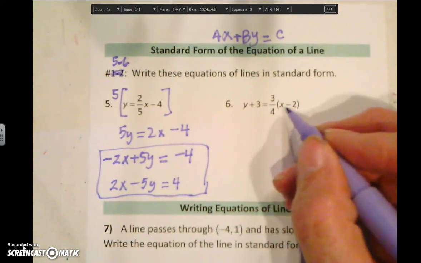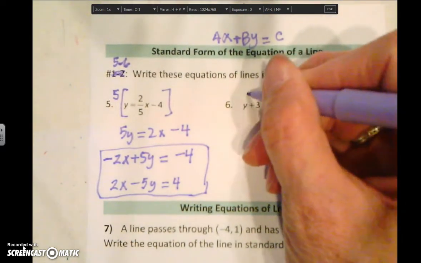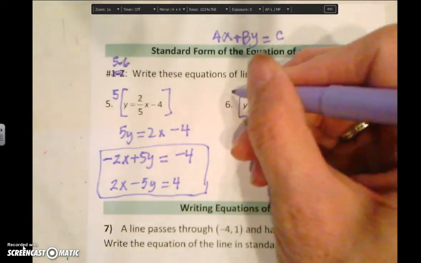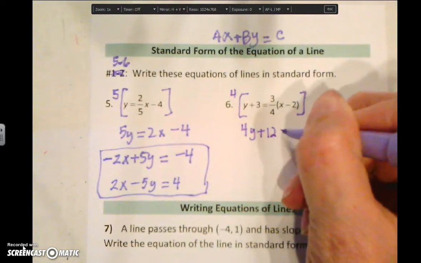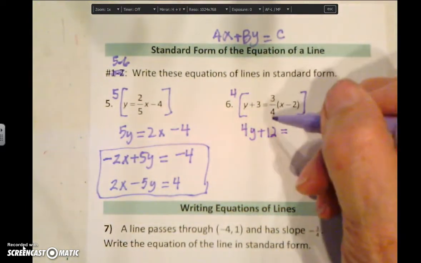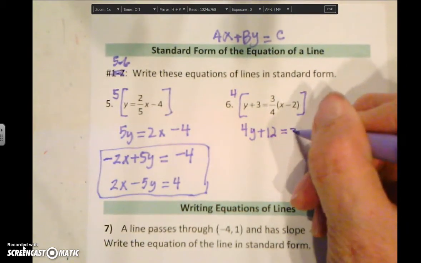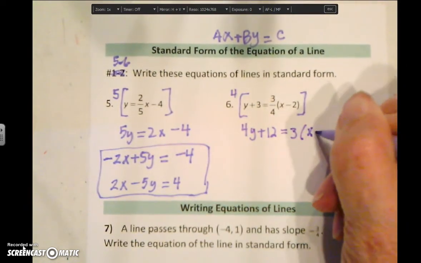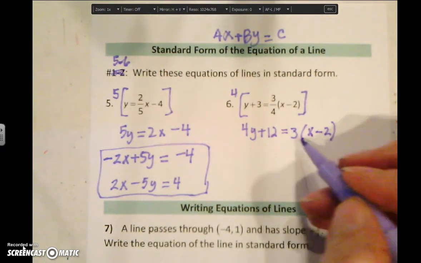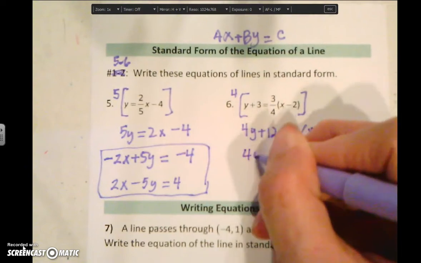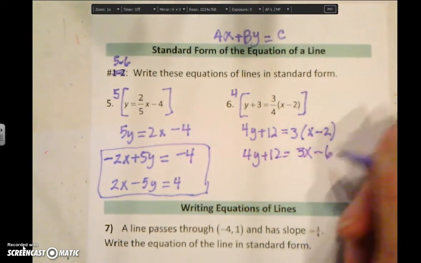But remember that the parentheses hide the stuff inside, so when I multiply by my 4, I'll get 4y plus 12 is equal to, now 4 times 3/4, I get 3, and the inside does not change. This stays x minus 2. So now I'm going to distribute: 4y plus 12 is equal to 3x minus 6.